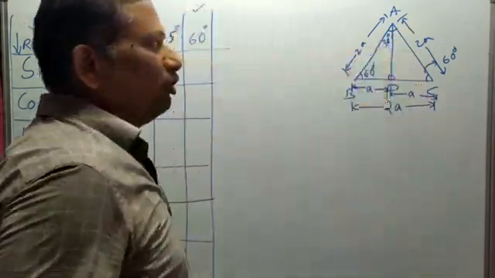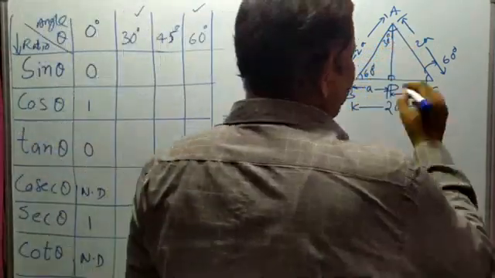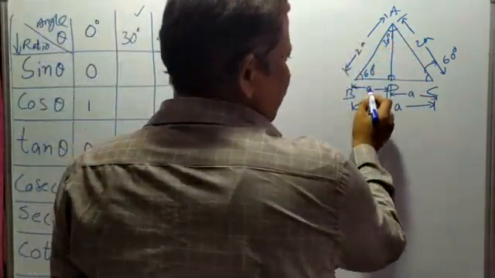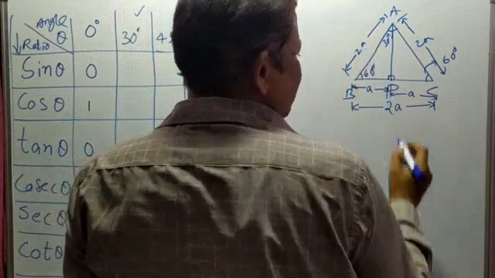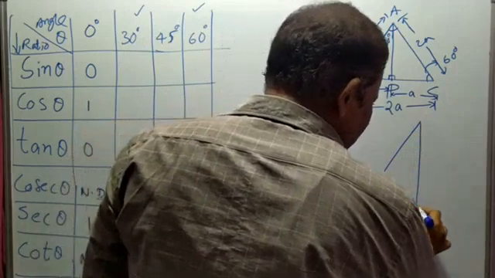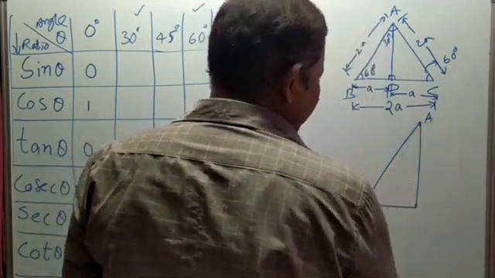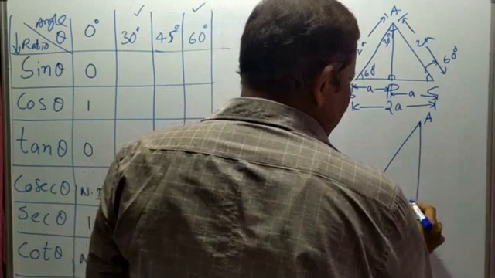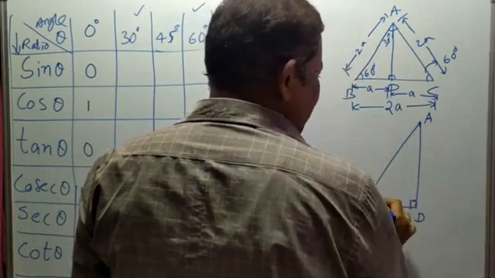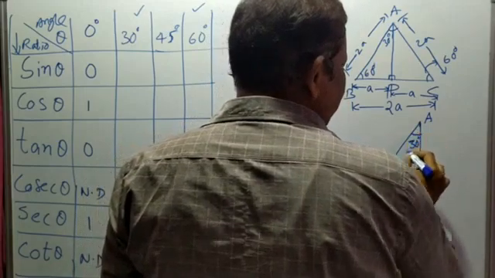So you have to consider this triangle with 30, 60, 90 degrees, triangle ABD, a right angle triangle. This is 60 degrees and this is 30 degrees.